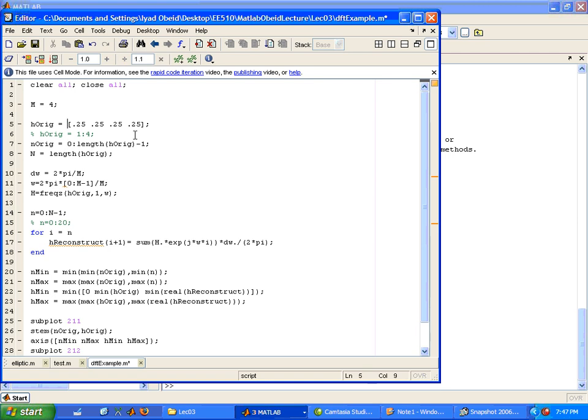So in this case, we started with 4, and I actually want to do a 4-point DFT of my signal. So I'm just going to evaluate freqz with m equal to 4. Did you follow what I did? I'm sorry. I'm trying to make the code bigger.